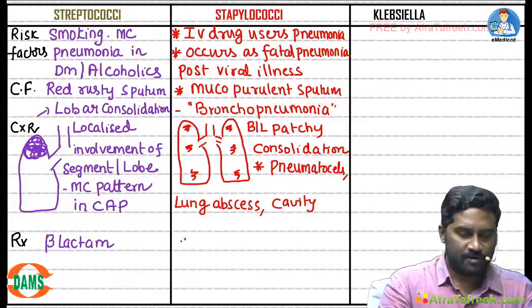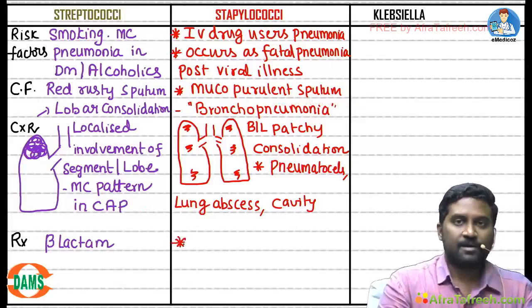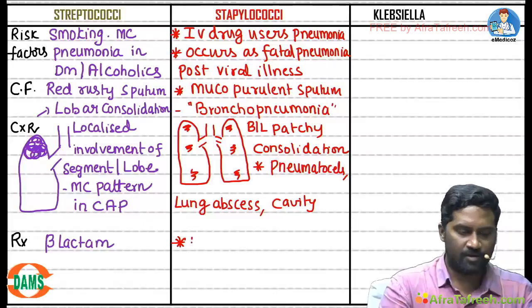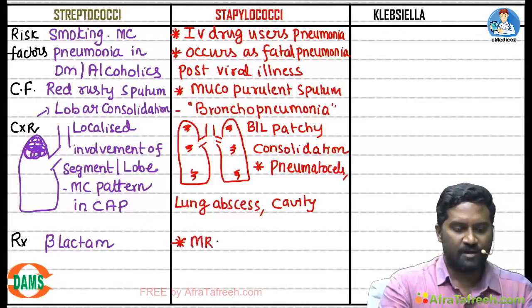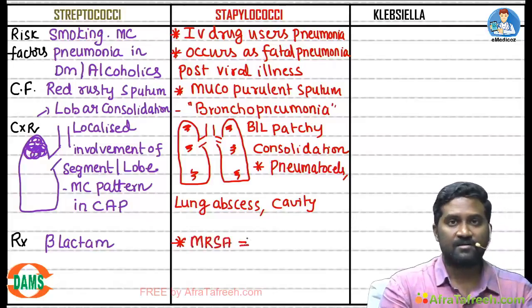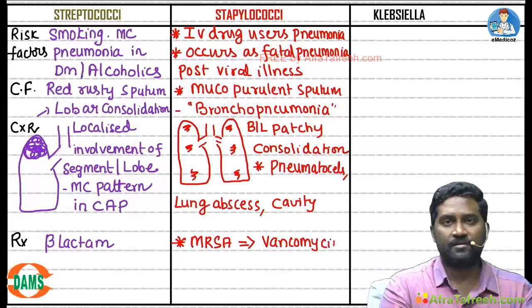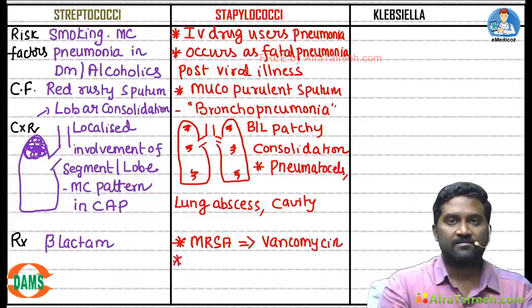Coming to the treatment part, by the time a patient reaches me with staph pneumonia, it will already be MRSA, methicillin resistant staph aureus. For them, the treatment I advise is vancomycin. But nowadays, there is rapid resistance to vancomycin.